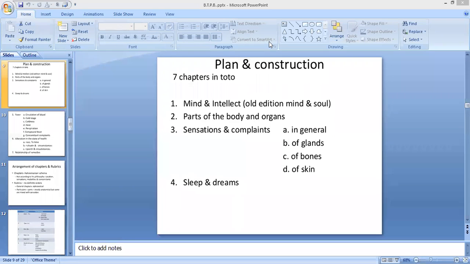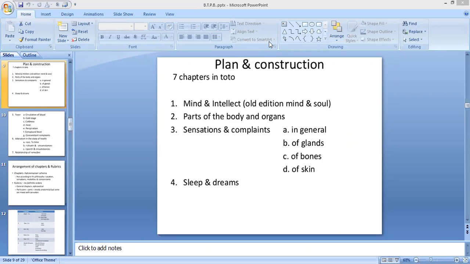In this part, it consists of different subjective sensation, objective sensation, and complaints. All these are placed alphabetically and not as a separate section.